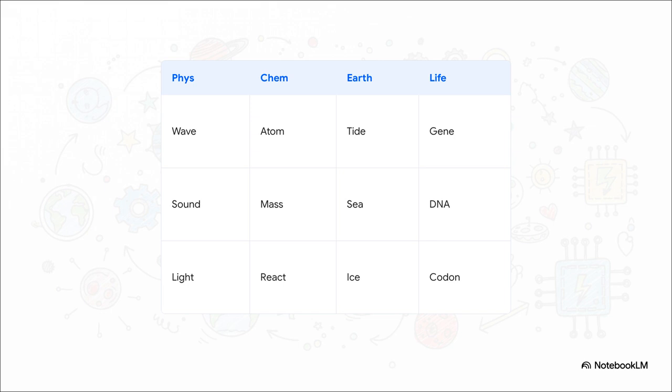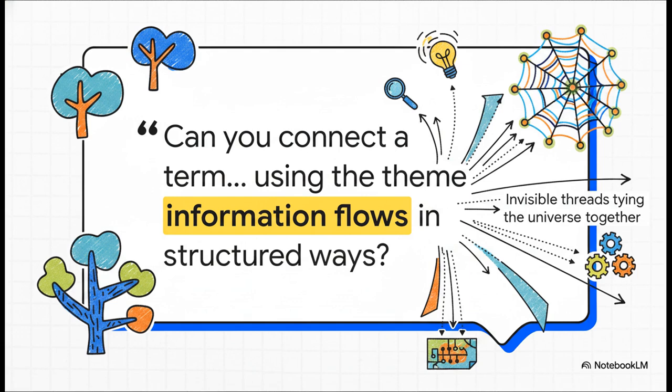Okay, once the game is over and that baseline vocabulary is totally locked in, the real work begins. I actually want to slow down our pacing for just a second here because the source text asks a really profound question to spark a cross-branch connection. It asks, can you connect a term from one branch to a term from another using the theme information flows in structured ways?